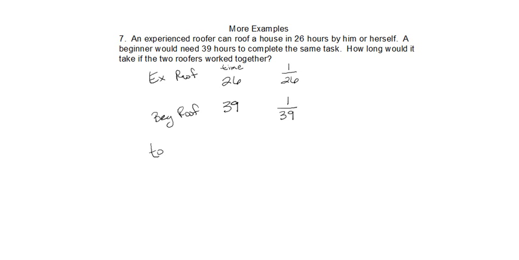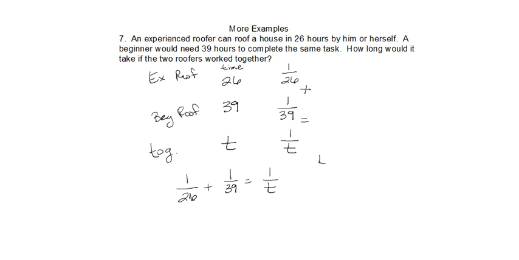So if they work together, we don't know the time, but we know that they will do it in 1 over t. So we're going to add the two proportions together, and we should get 1 over t. So we have 1 over 26 plus 1 over 39 equal to 1 over t.